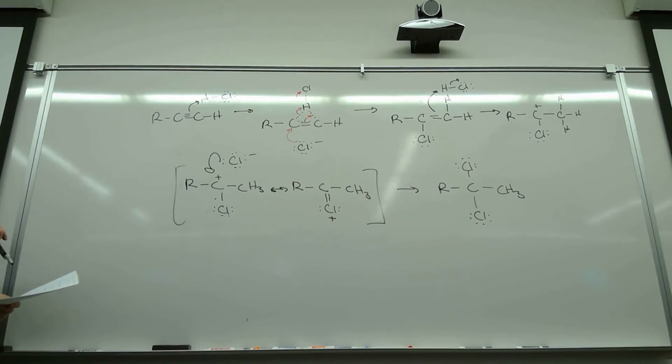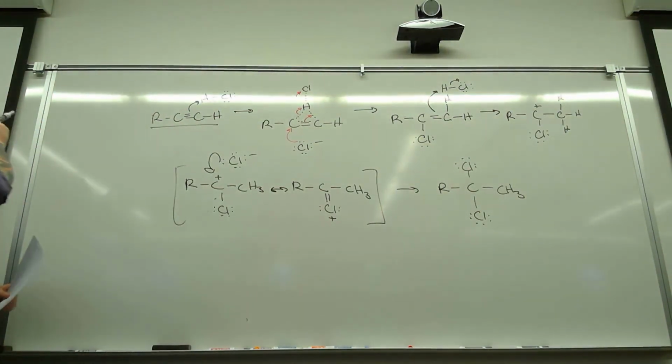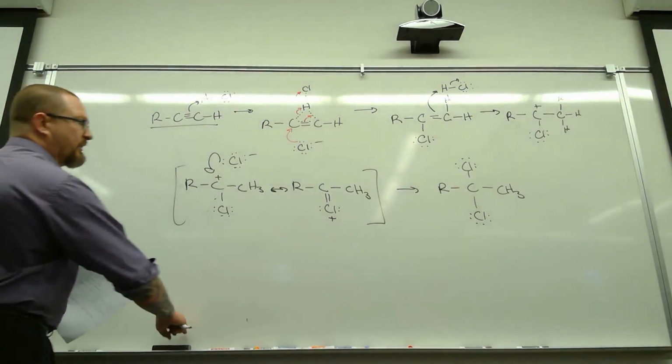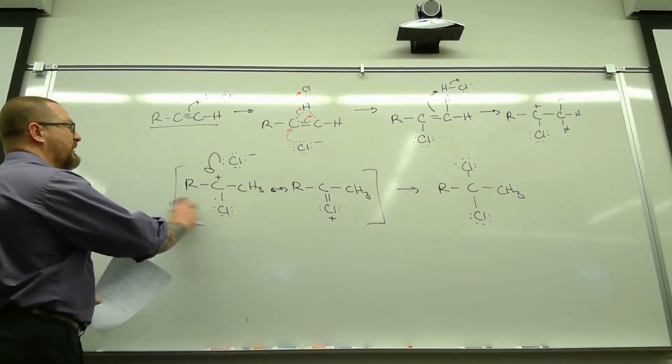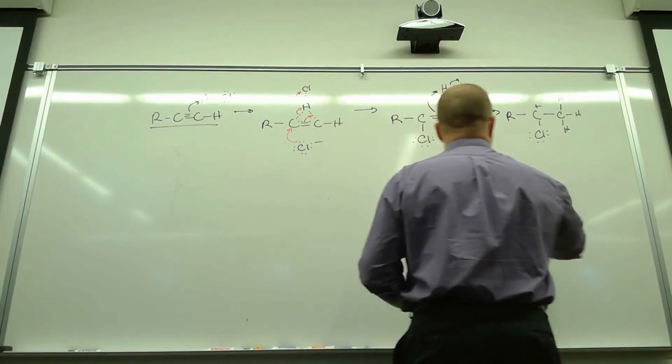So if we did this on a terminal alkyne, that works. If we did it on an internal alkyne, you run into problems, because if you don't have a symmetrical internal alkyne, you're going to have multiple products. Let's take a look at what that looks like. So just kind of cautionary.